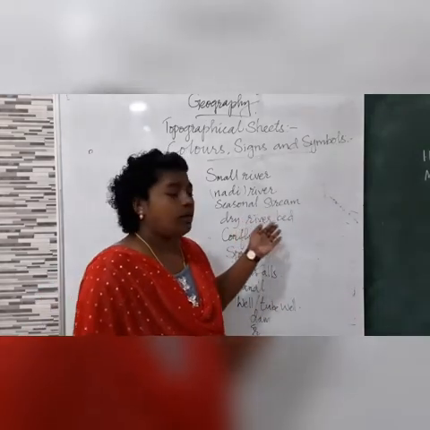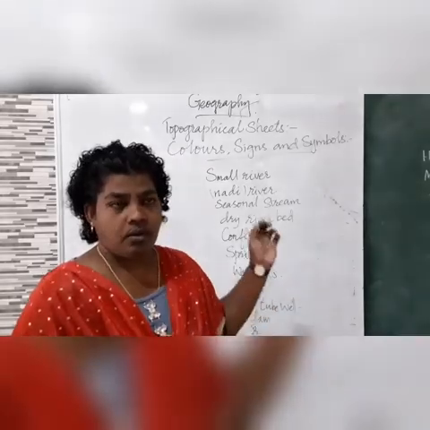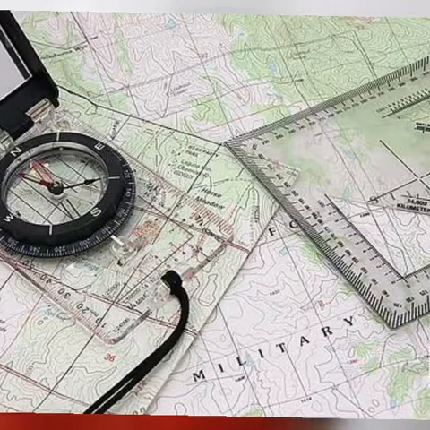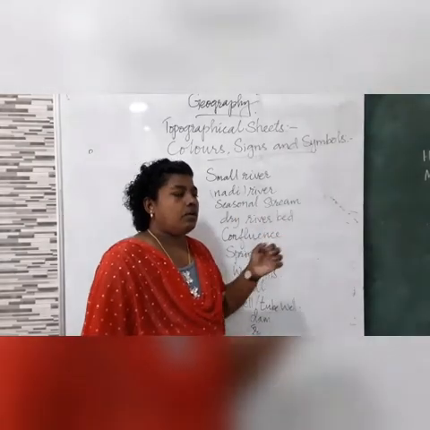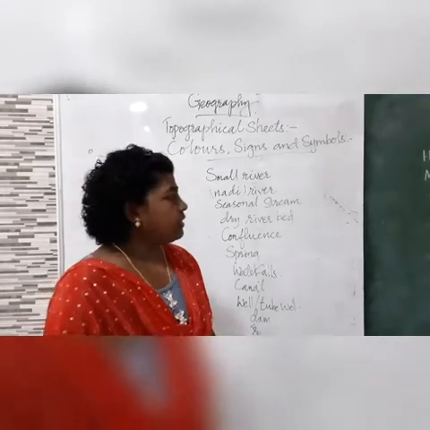Metalled and unmetalled roads, how they are drawn on the topo sheet, and footpath or pedestrian walking, how it is denoted, how the bridges and gauges are drawn in the topo sheet, that you have learned in the previous class.